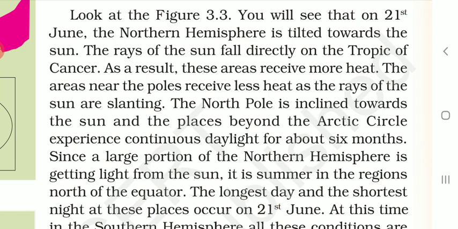The North Pole is inclined toward the sun in this time, in the month of June, and therefore it experiences, beyond the Arctic Circle, continuous daylight for about 6 months. That means there is a 6 months day over there in the northern hemisphere in the summer season.